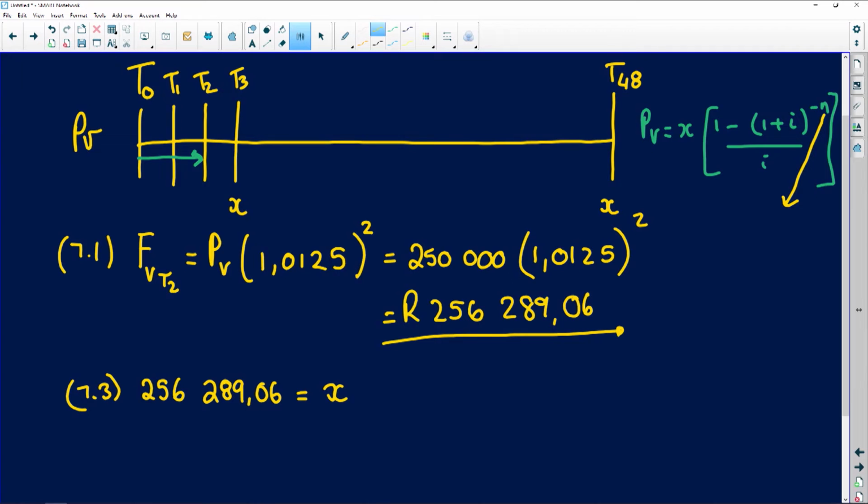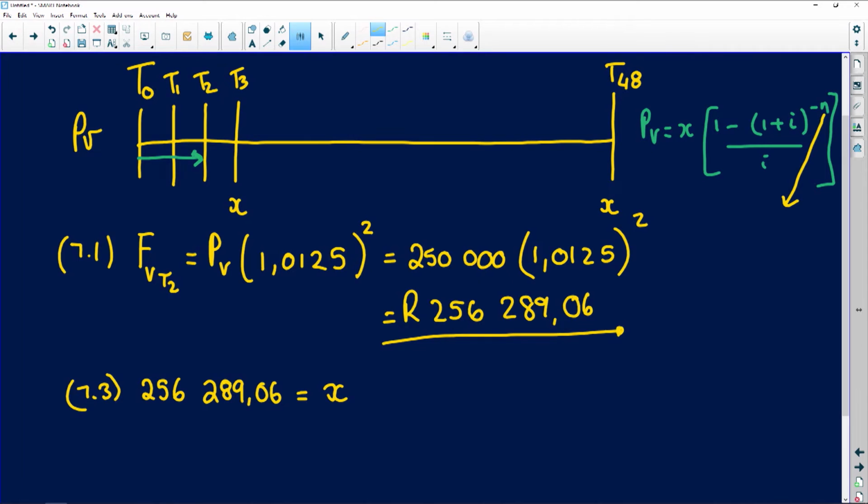It is the number of payments inside the annuity. If there was no problem here, if Tabiso started paying at T1, then that n would coincide with the period of 48 months. So n is not 48.